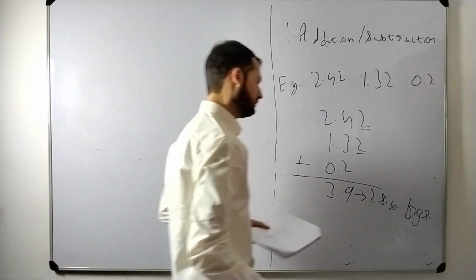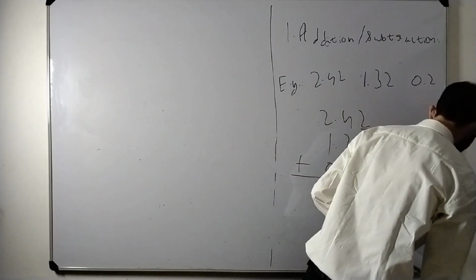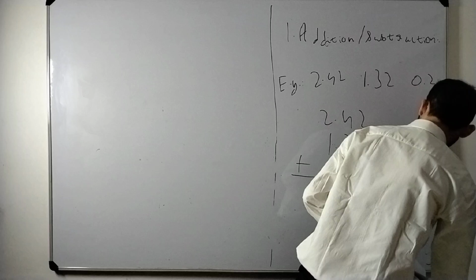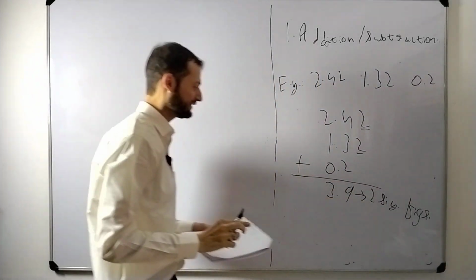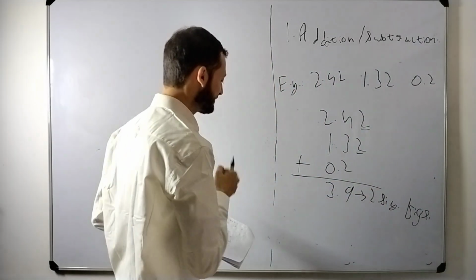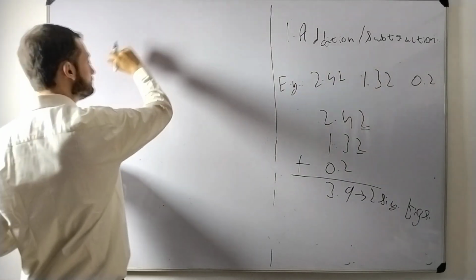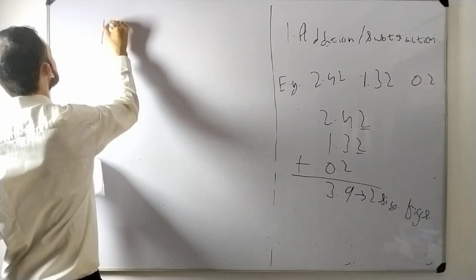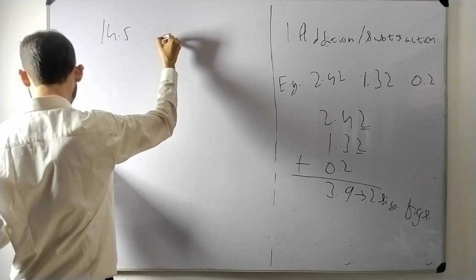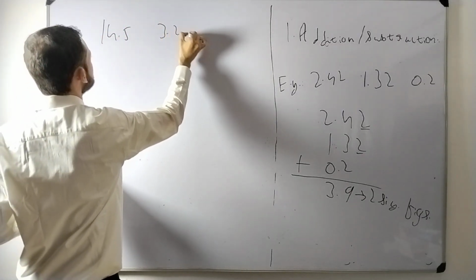So, what about division and multiplication? So, don't discuss division multiplication. First, discuss subtraction only. So, subtraction case: 14.5, 3.28.